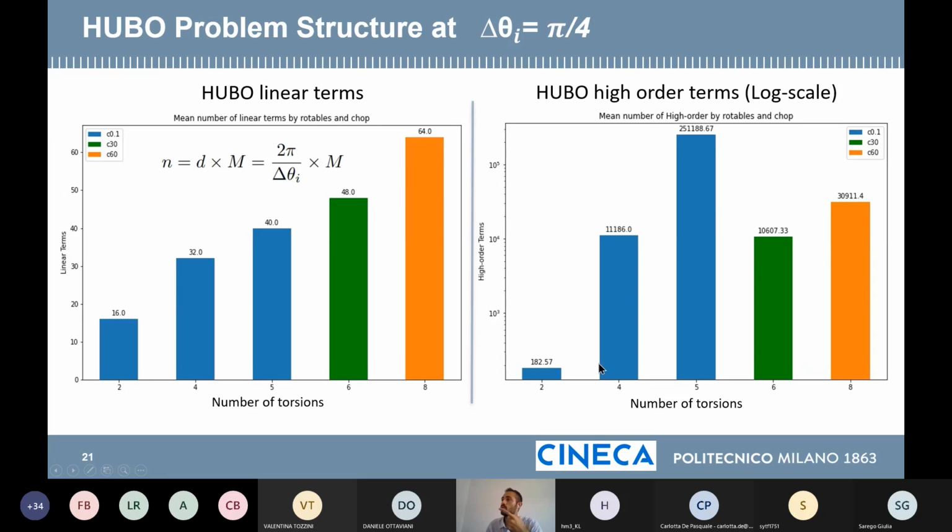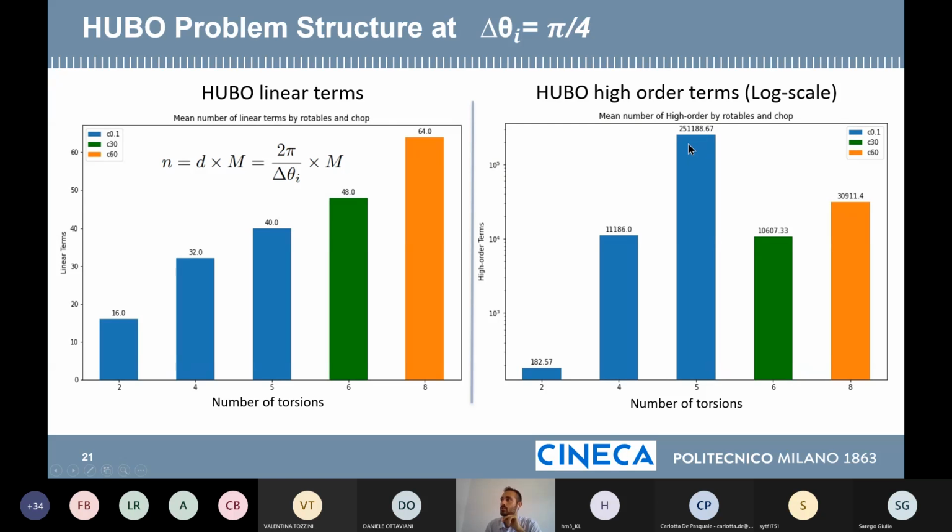When we go to 4, they increase a lot and they reach 11,000. And when you go to 5, it's more than 200,000. As you may understand, since the problem is quite hard, it explodes very rapidly, so the dimension increases very rapidly.